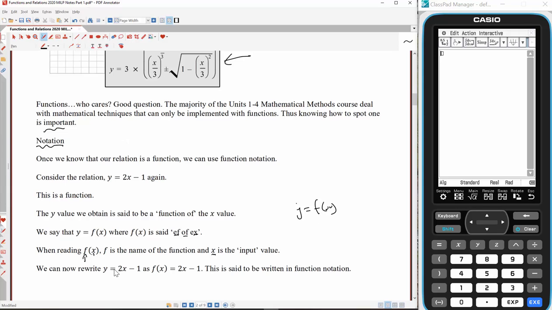So we can now rewrite y equals 2x take 1 in function notation. What we can do is change that y and replace it with the f of x notation. So we can say that this is a relation, y equals 2x take 1, but written as a function, it's f of x equals 2x take 1. So what we've done is written it using function notation.